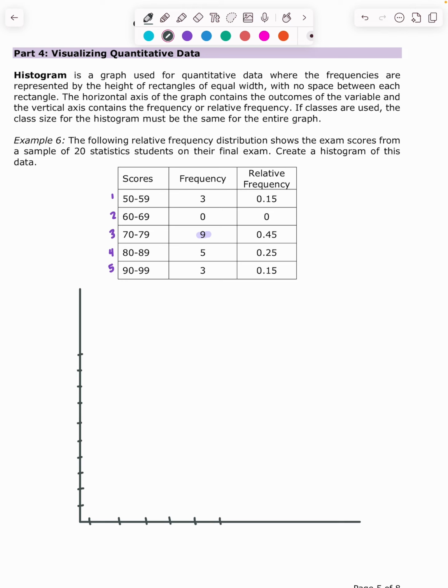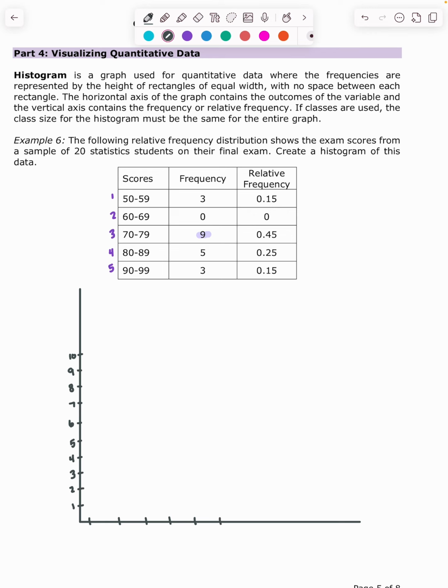I like to do one more. That's just what I've always done. And again, we want these tick marks to be pretty evenly spaced apart. Mine got a little wonky there in the middle.